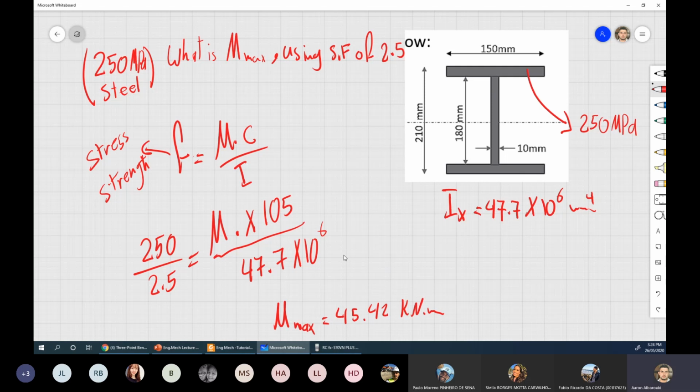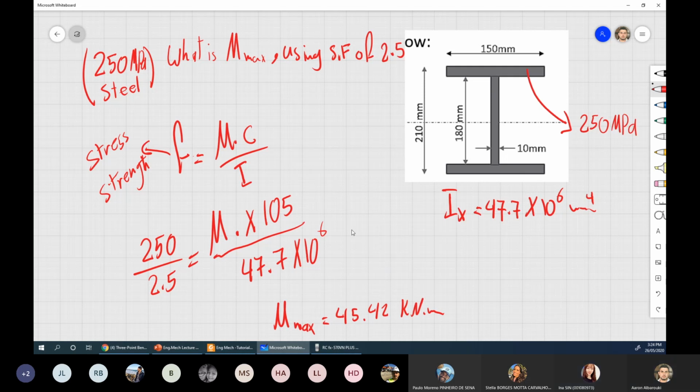All good, guys? Hold on a second, 250. Yeah, no, that's right. I used the smaller one. So all I did, I reduced the steel strength by 2.5. Aaron, can I ask something? Like the safety factor is 2.5. Yep.